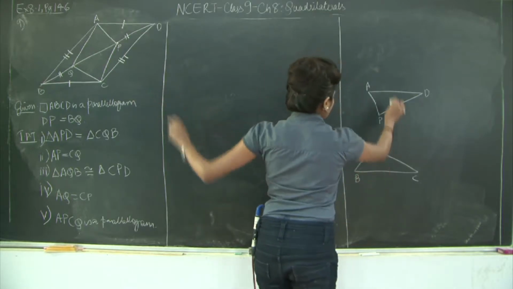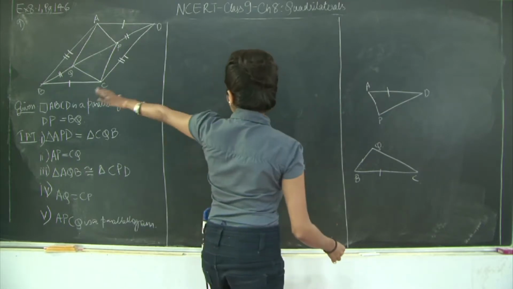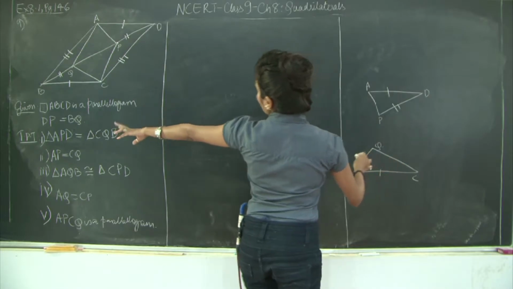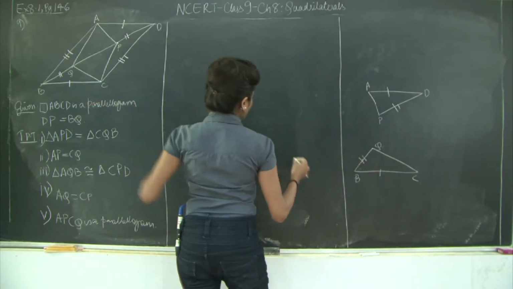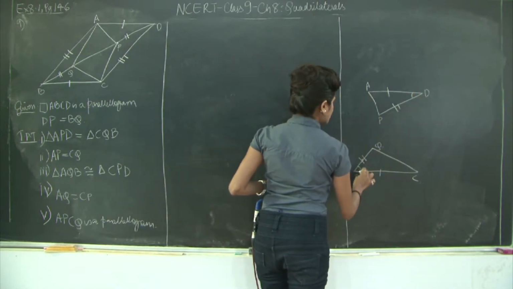First of all, these are the opposite sides of the parallelogram, they are equal. In fact, I have marked these. We have PD is equal to BC, BQ is given, right? And also, if you notice, this angle is equal to this angle.